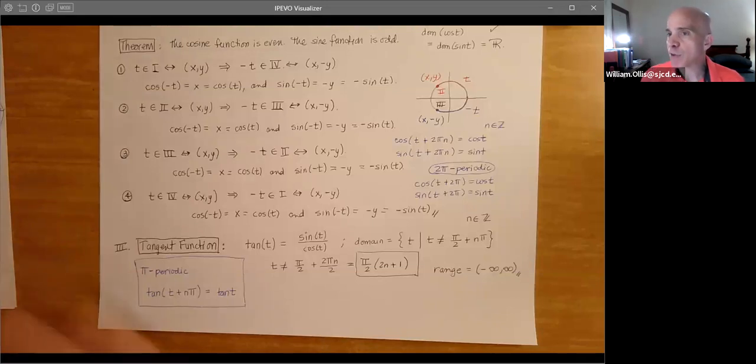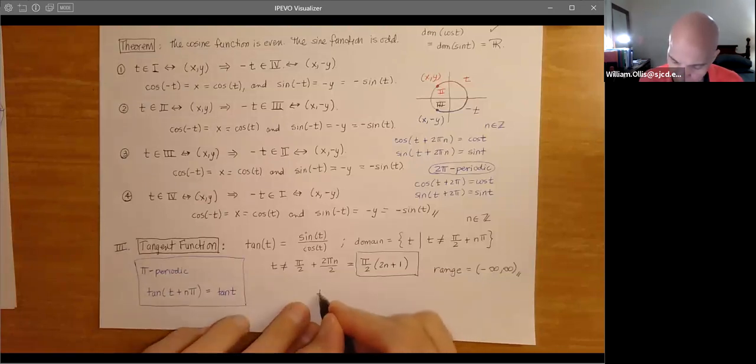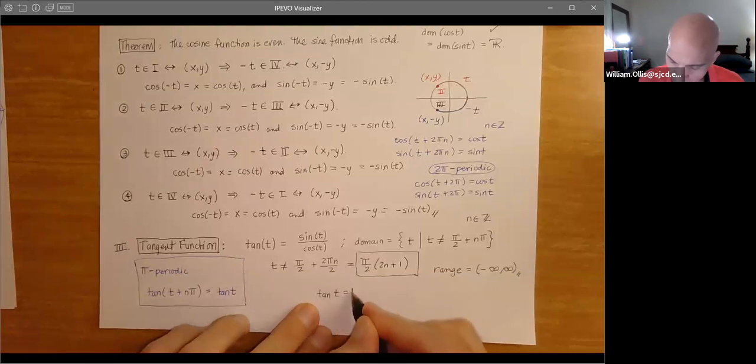So that's even better. There's always a nice test question where you say tangent of t equals, say, 1/2.